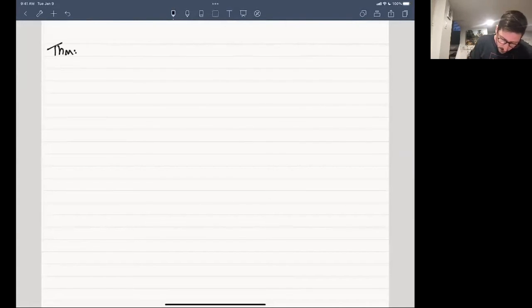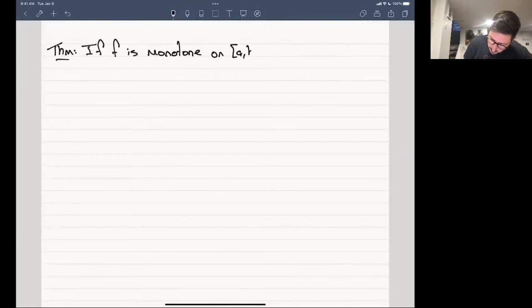So let me give you another result here. Again, we're going to use Darboux's criterion to prove this. We're going to say if f is monotone on [a, b], so it could be increasing or decreasing. That's what monotone means. Then f is a Riemann integrable function.